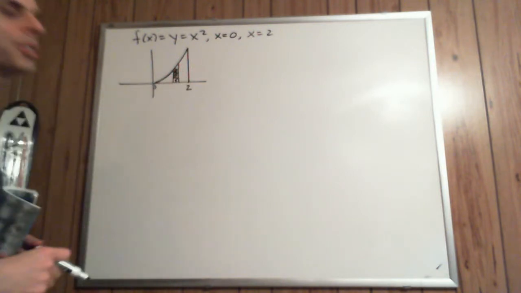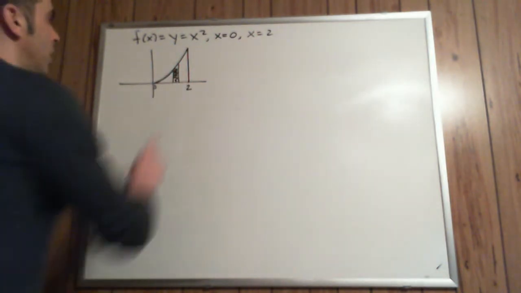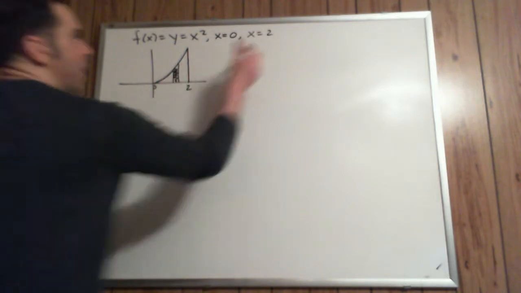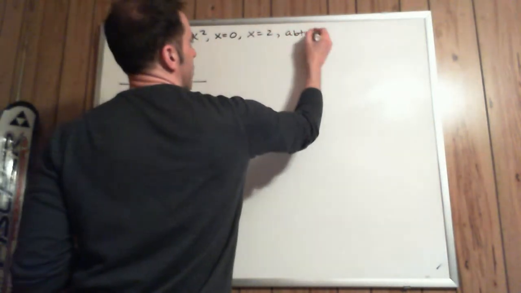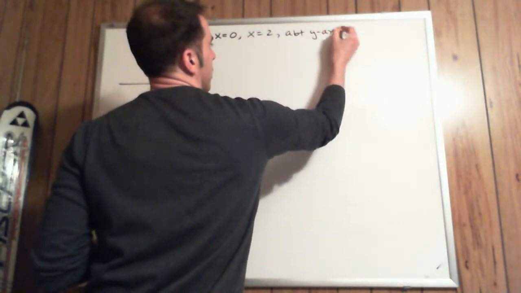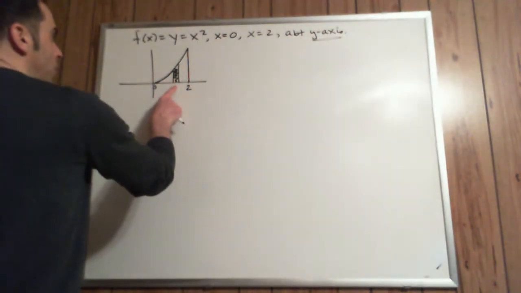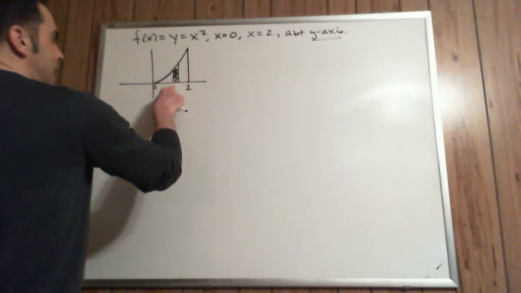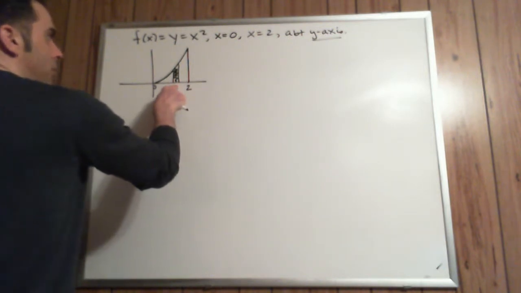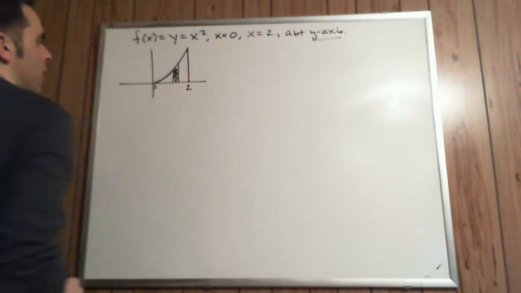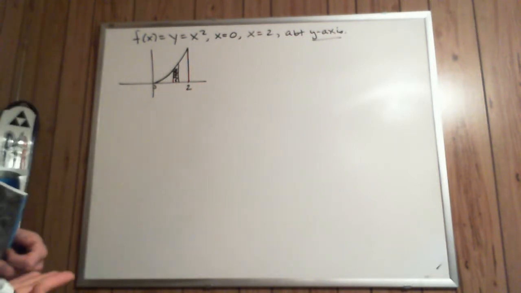So suppose this time we want to revolve the rectangle about the y-axis. We notice then that the rectangle, when we revolve it about the y-axis, is not perpendicular, obviously. It's parallel to the axis of rotation. So what would the result be?